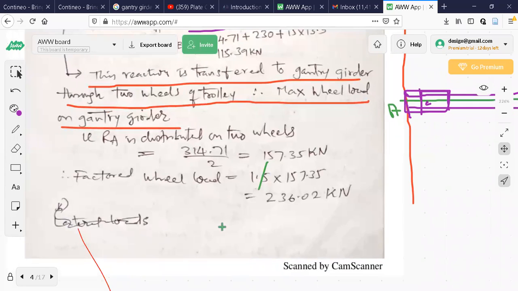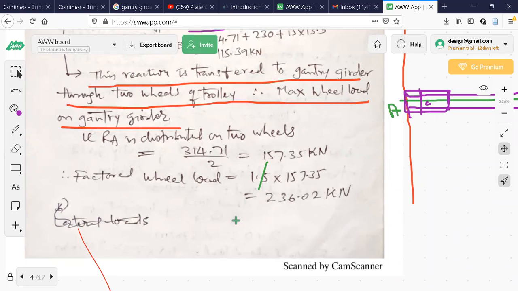That is what you need to understand here at the end of this particular slide: I am having 2 point loads. The distance between the 2 point loads is fixed, but I can place them anywhere, keeping the distance between them the same, because this crane girder is moving along the red line.